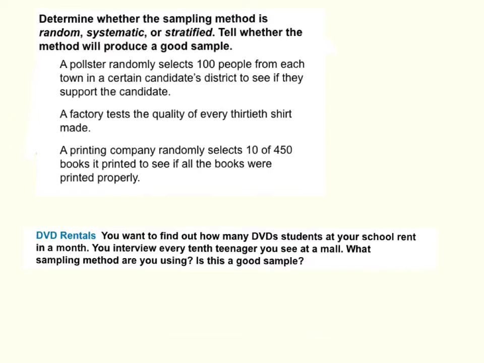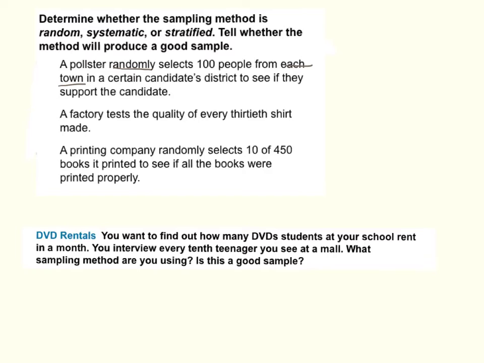Okay, so first one, a pollster randomly selects 100 people from each town in a certain candidate's district to see if they support the candidate. Well, we're randomly selecting people, so right away you might think that it's random, but we're actually randomly selecting people from each town.